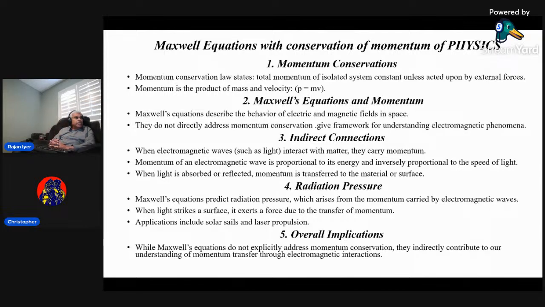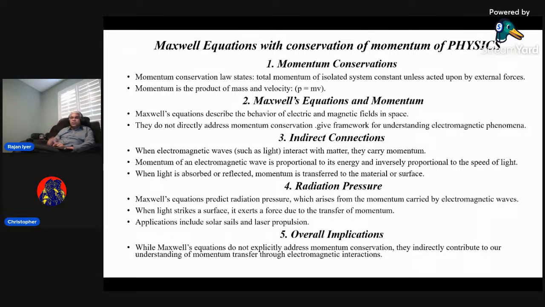I am not going to go into details, but that helps to understand something called the radiation pressure, which was predicted from Maxwell equations because of the momentum that's carried by the electromagnetic waves. So the force is exerted on the surface due to transfer of momentum.